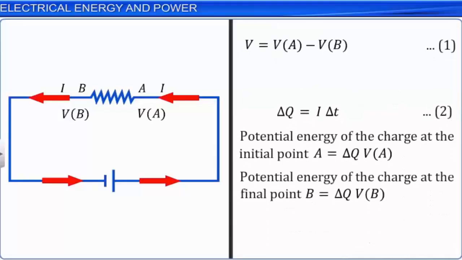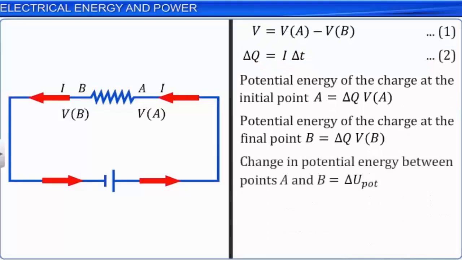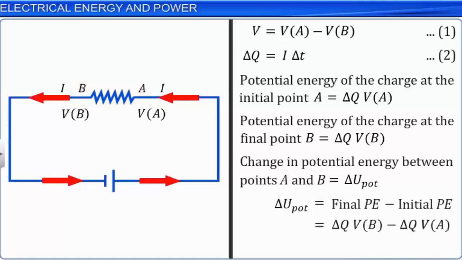A change in potential energy between points A and B is expressed as delta U potential, which is equal to final potential energy minus initial potential energy, which is equal to delta Q into VB minus VA. From equation 1, we know that V is equal to VA minus VB.